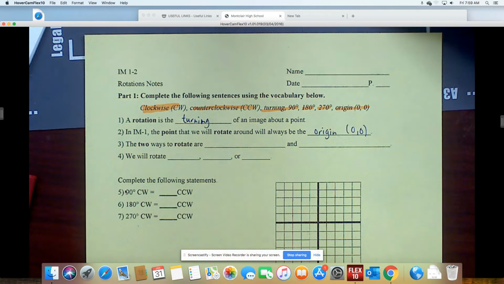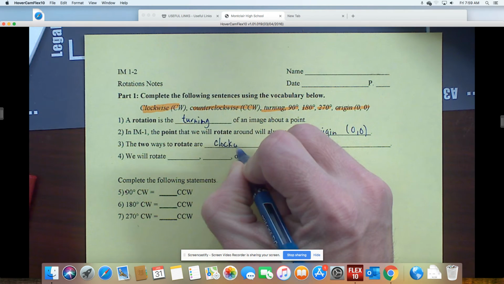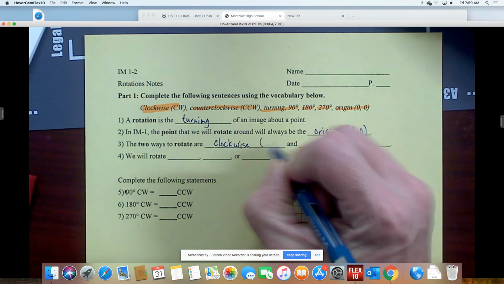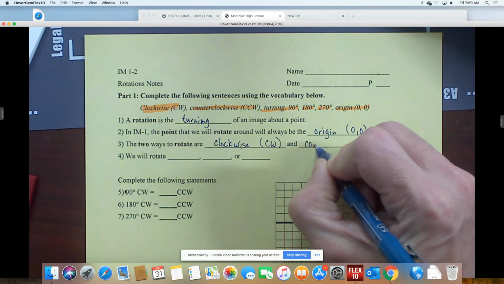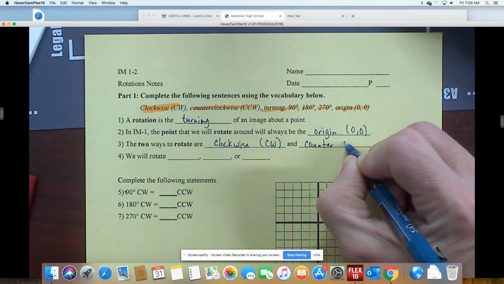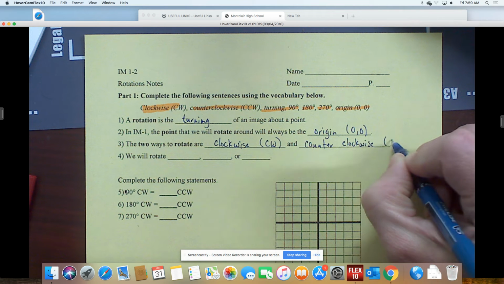The two ways to rotate are clockwise, and we're going to abbreviate that with CW, and counterclockwise, and that is CCW.